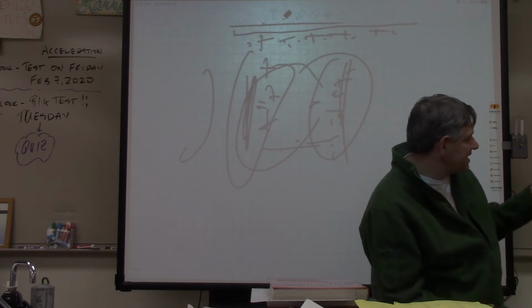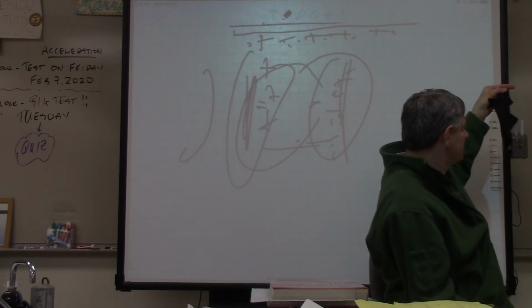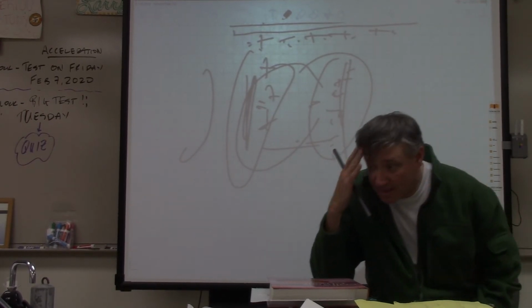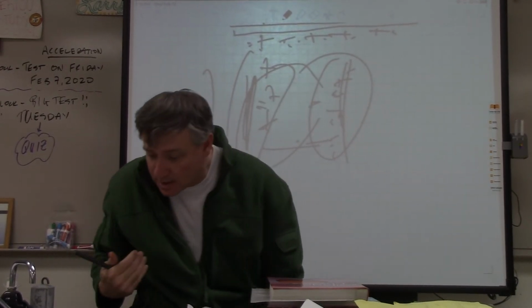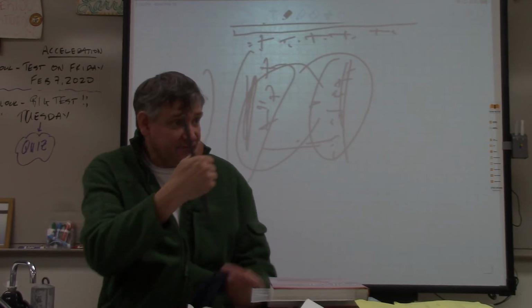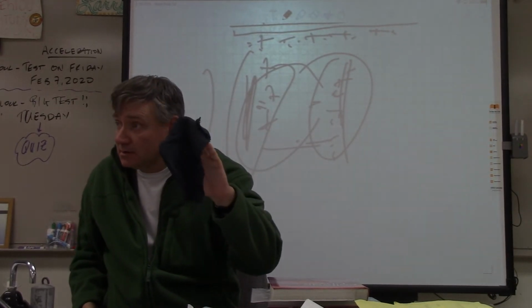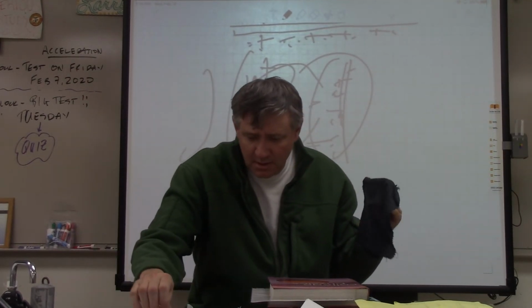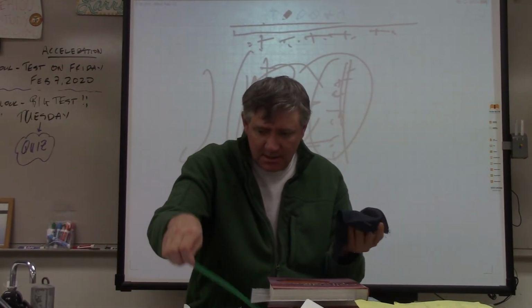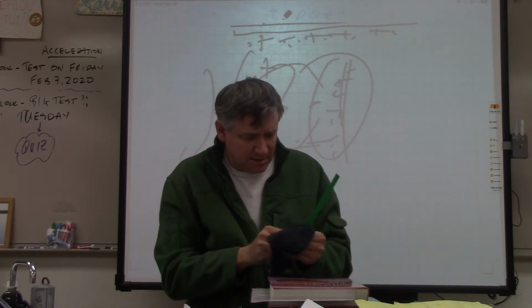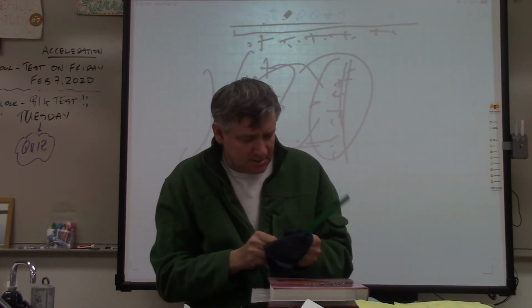If I take the silk and put it near it, you could argue that it's being attracted, because if this became negatively charged, this had to become positively charged. Now we can take a piece of plastic. See that?